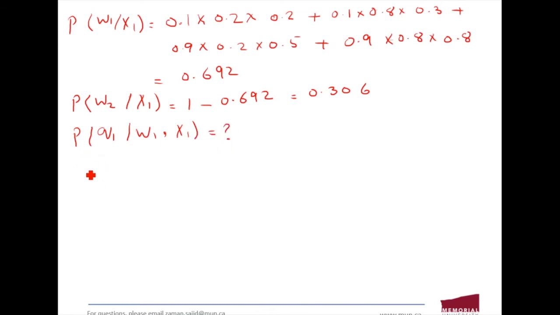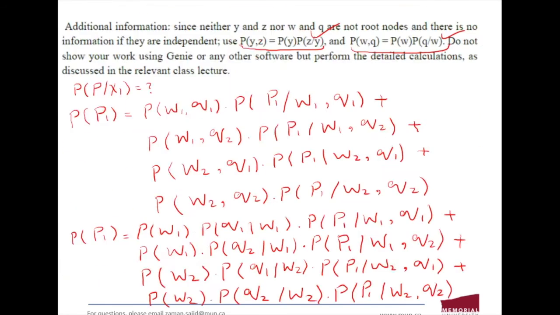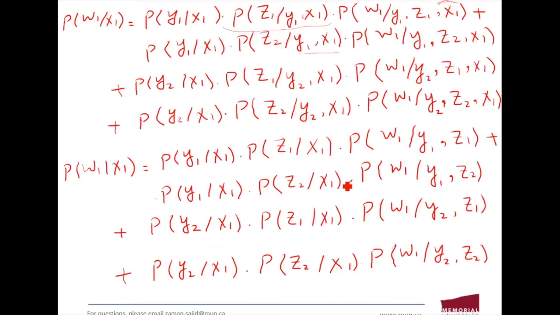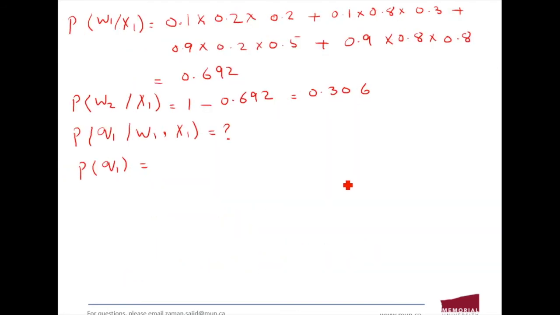So I will start by the law of total probability, which says that the probability of Q1 is equals to, we will go to the network here. So this is my Q. So Z is the only parent of the Q, and these are in the binary state. So I will take the two states of Z here.